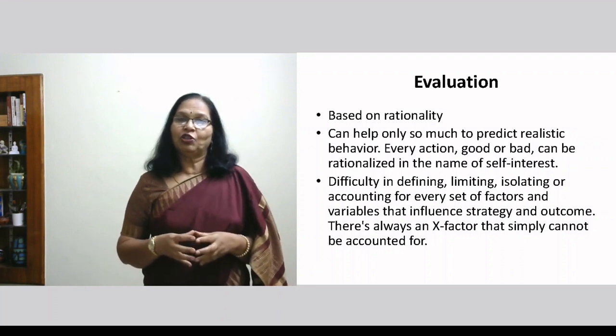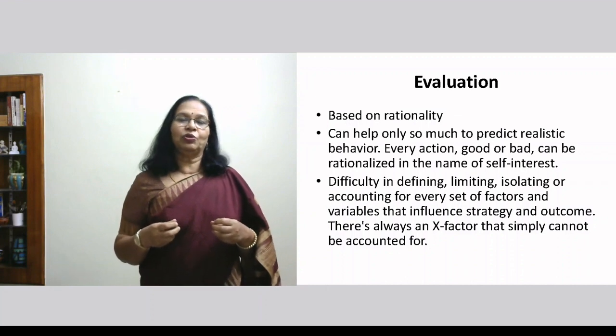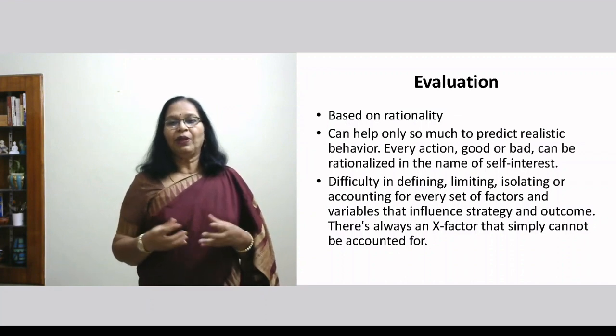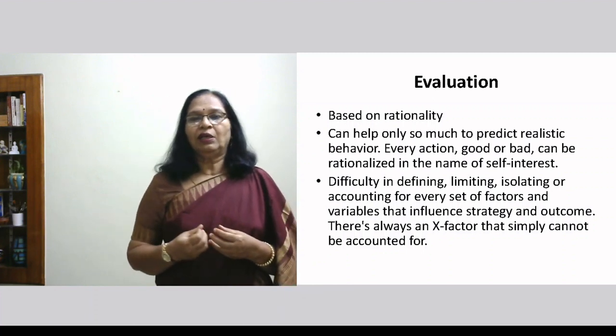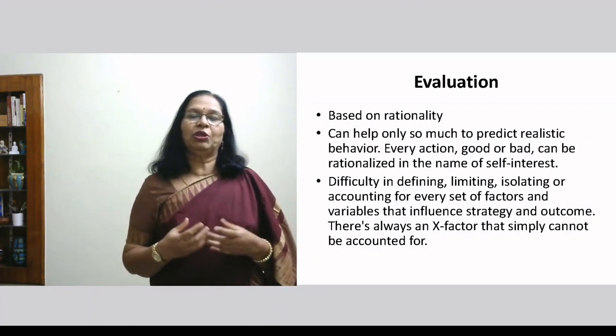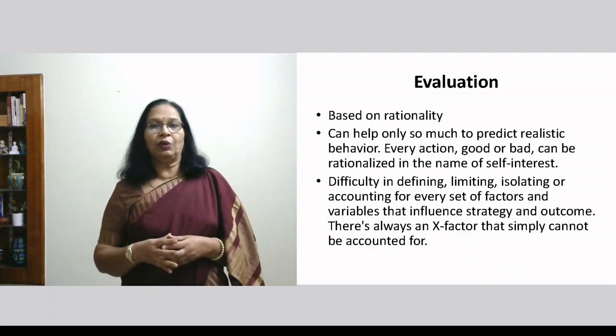But when we talk about rationality, it is possible that everything will be guiding towards realistic behavior. But rationality can go to such an extent that whatever is good or whatever is bad can be explained as being because of self-interest. To that extent, game theory has its own limitation.